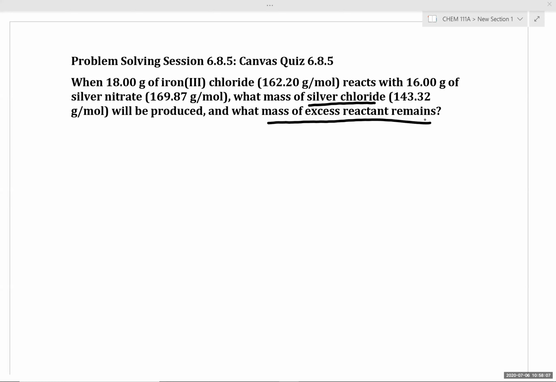And don't be shy to submit your responses for the balanced chemical equation in the chat. Really is the core of these problems.